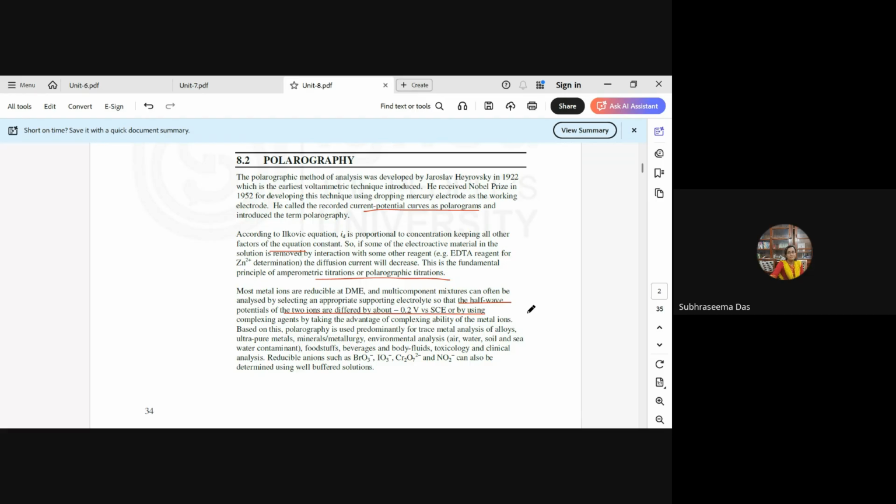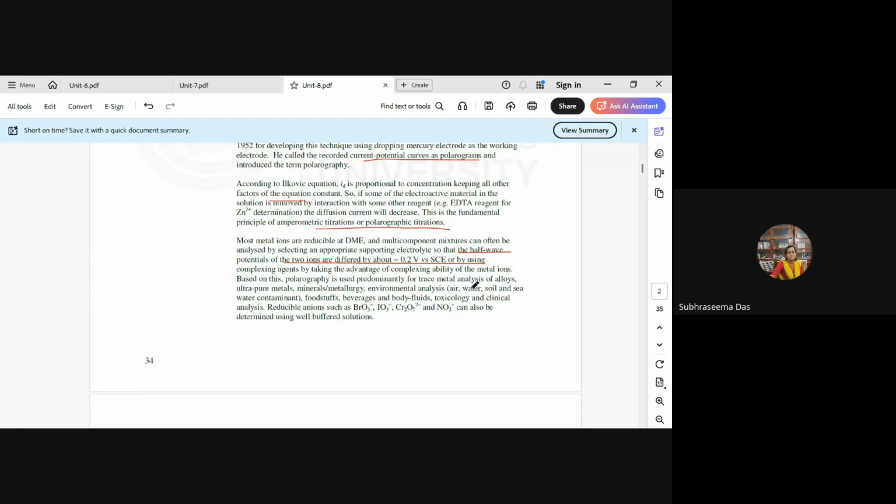Based on this, polarography is used predominantly for trace metal analysis of alloys, ultra pure metals, minerals, metallurgy, environmental analysis, foodstuffs, and other clinical analysis. Even reducible anions such as BrO3 minus (bromate), iodate, chromate, and nitrate can also be determined using well buffered solutions by polarography.